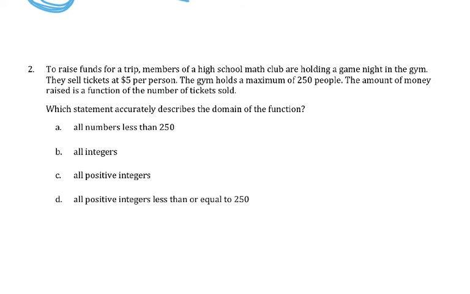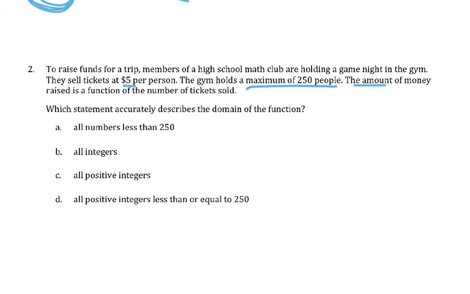It includes all those numbers that fall within that graph. All right, question number 2. To raise funds for a trip, members of a high school math club are holding a game night in the gym. They sell tickets for $5 a person. The gym holds a maximum of 250 people.